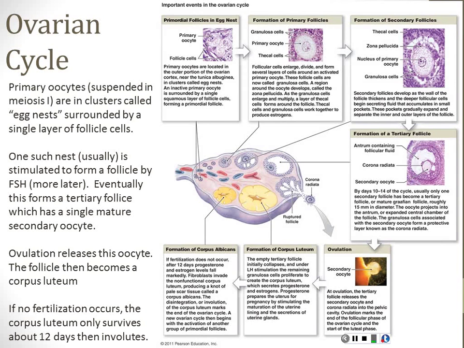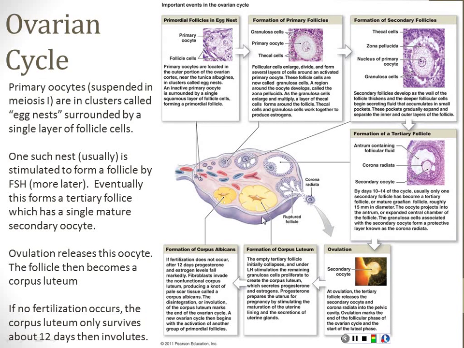Progesterone prepares the uterus for pregnancy, for implantation of a fertilized egg and the beginning of pregnancy. So, we call pregnancy gestation, right, with a G. So progesterone is pro-gestation or pro-pregnancy. Okay, so progesterone is the pregnancy hormone, prepares the body for pregnancy.